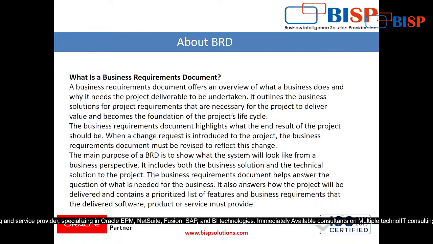We have to show which ID and which field we will be pulling, and what type of percentage calculation we will be applying. That is called technical documentation. It also answers how the project will deliver, and contains a prioritized list of features and business requirements that the delivered software product or service must provide.